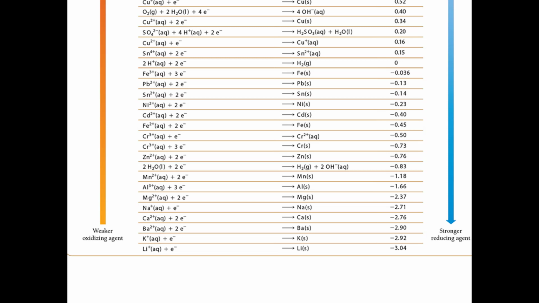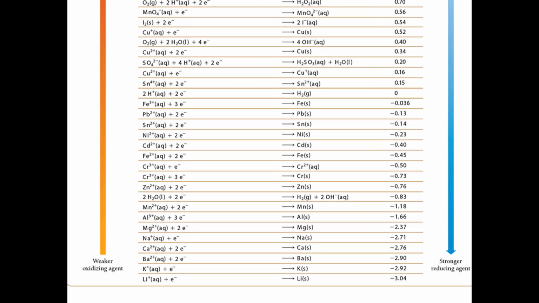It has a negative standard reduction potential, so it doesn't want to happen. But if this reaction goes in reverse, where zinc is being oxidized, that will make it a positive 0.76 volts. And so that reaction does want to happen.